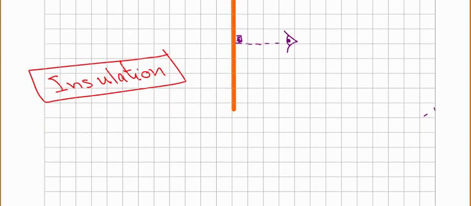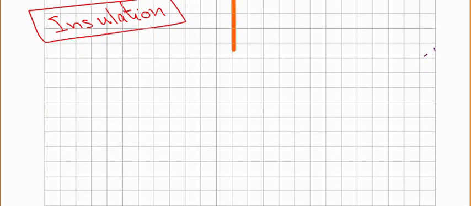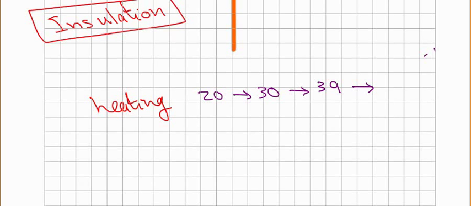And you need to consider that when you are heating, normally the rate of the heating gets less by time, because more heat will be lost to the surrounding. Like if you are heating with the same heater and the same material, you can see that the temperature increases like 10, 20, 30, then 39, then 47.